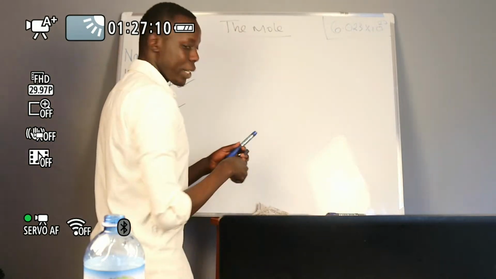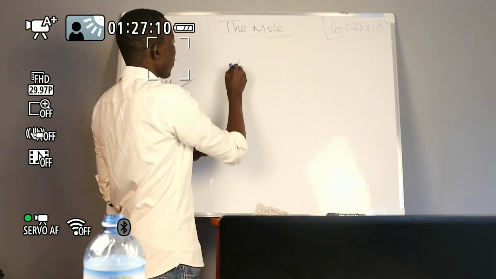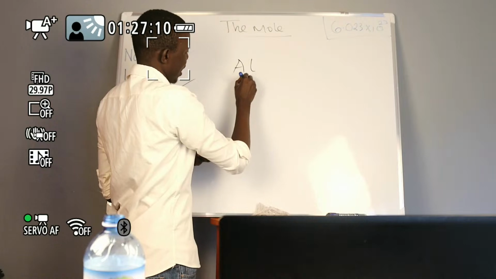Aluminium. Look here everybody. We have aluminium with a valence of 3.